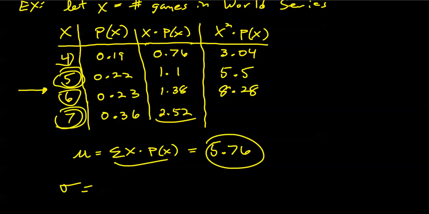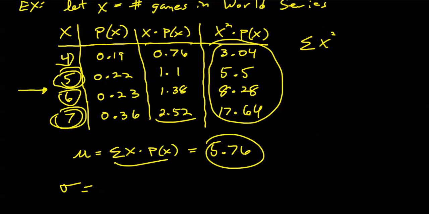And then 7 squared is 49, and 49 times 0.36, hang on, I made a mistake, 49 times 0.36 gives me 17.64. If I add up this column, the summation of x squared times p of x equals 34.46.